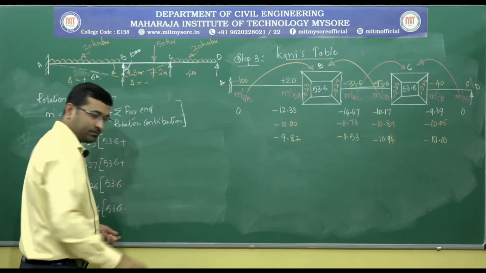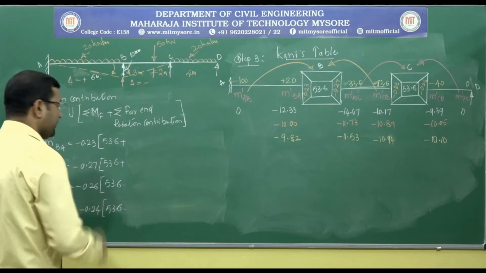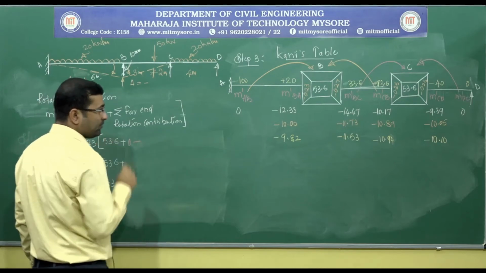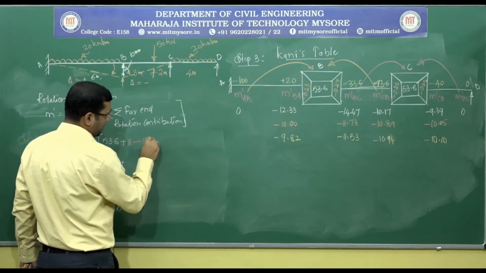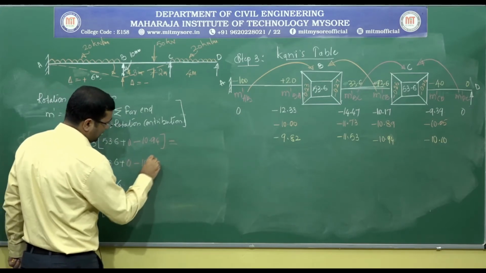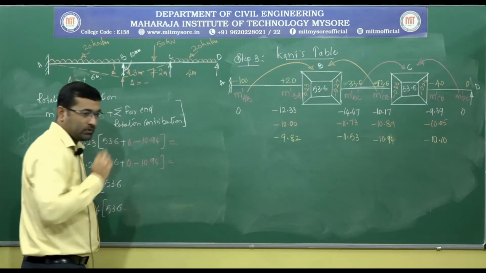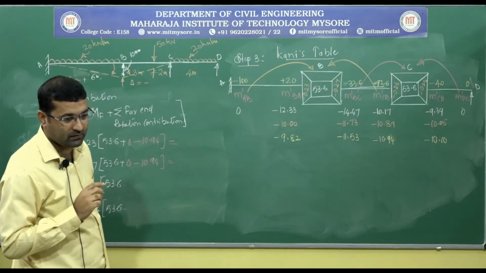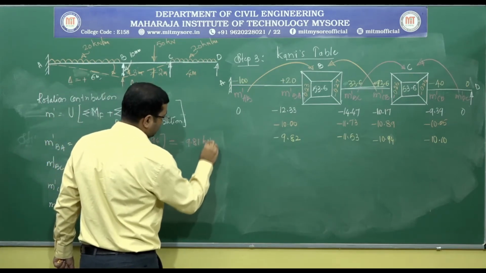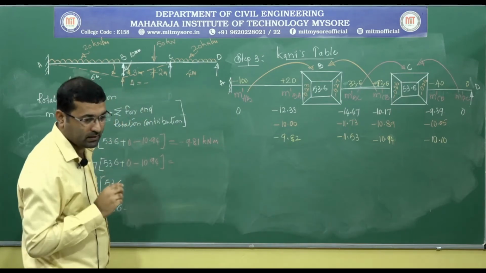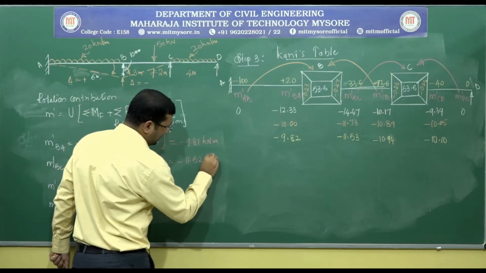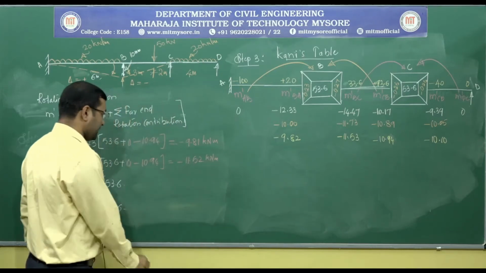In the next cycle it is 0 minus 10.94, 0 minus 10.94. So that gives you a value of minus 9.81 kilonewton meter and minus 11.52 kilonewton meter.